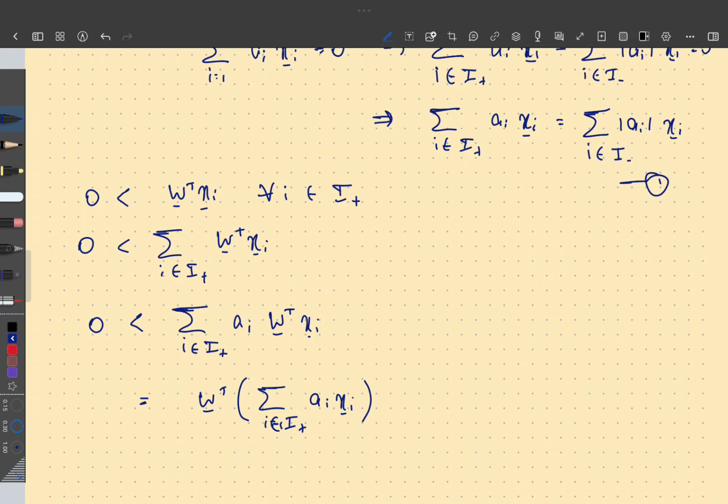And the same thing happens in I minus as well. In I minus, w transpose xi is less than 0 for all i in I minus.